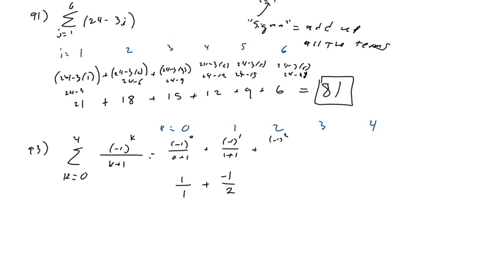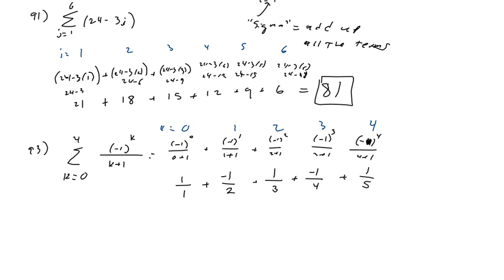Negative 1 squared over 2 plus 1, so negative 1 squared is positive 1 over 3, and just keep going. This is going to be 3 plus 1, negative 1 cubed is a negative 1, 3 plus 1 is a 4, and negative 1 to the 4th power over 4 plus 1 is going to be positive 1 over 5.